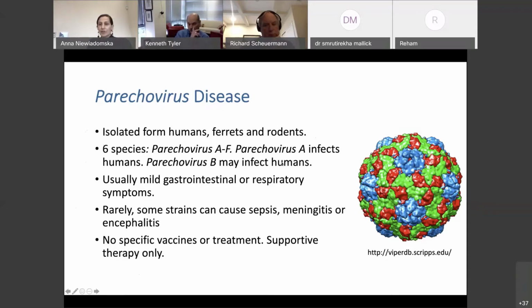And again, like many of these picornavirus genera, they can cause mild symptoms, either in the gastrointestinal tract, or they can cause respiratory symptoms. And rarely, some of them can cause sepsis, meningitis, or other neurological symptoms like encephalitis. And again, there's no specific vaccines or treatment for these.